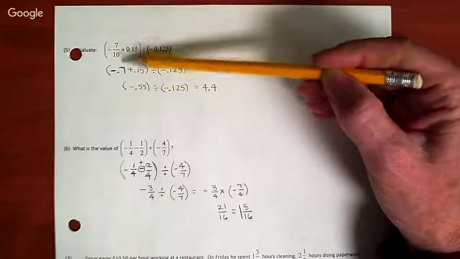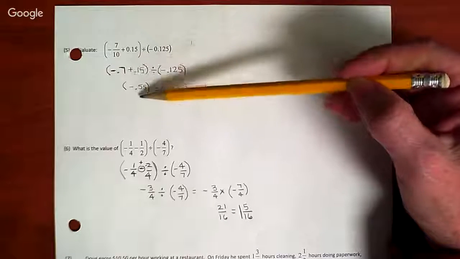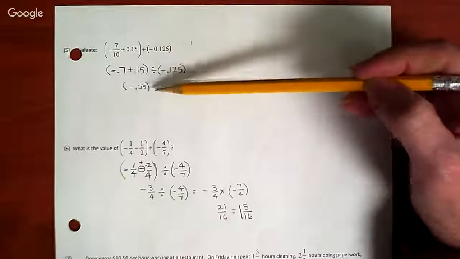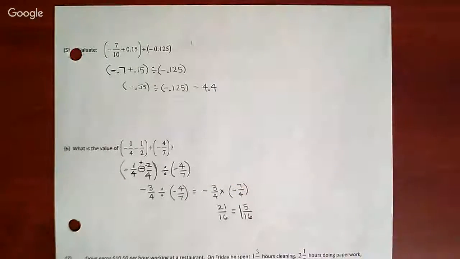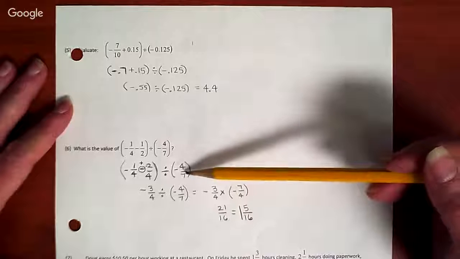Change the 7/10 into a decimal, and then add this with your calculator to show this. Bring this down, put this in your calculator, get your answer. Here, if they want you to show the work without a calculator, these are the steps that you would show.